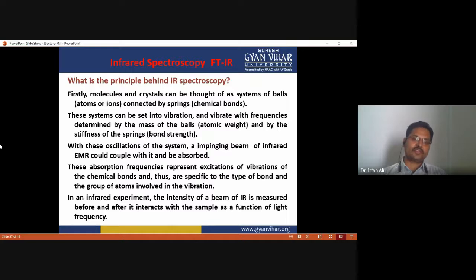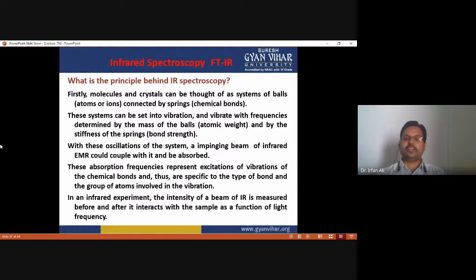These absorption frequencies represent excitation of vibration of the chemical bonds, and thus are specific to the type of bond and the group of atoms involved in the vibrations. So it totally depends on which atoms and which functional groups are involved in the vibration. That's why FTIR is a technique that can be exploited for the functionalization of nanoparticles.